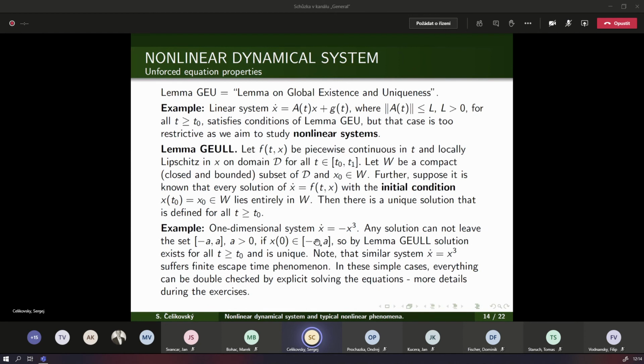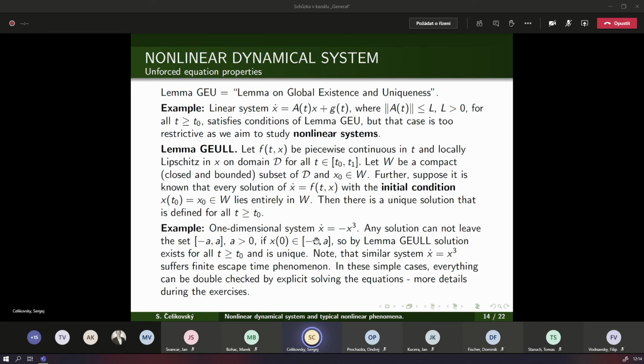Because it's not difficult to see that if the initial condition is from this interval, then the solution also always stays in this interval, because minus x cube will always have opposite directions.